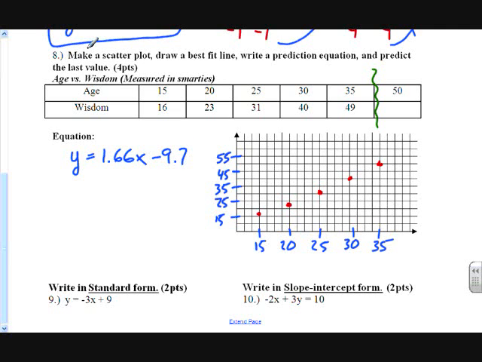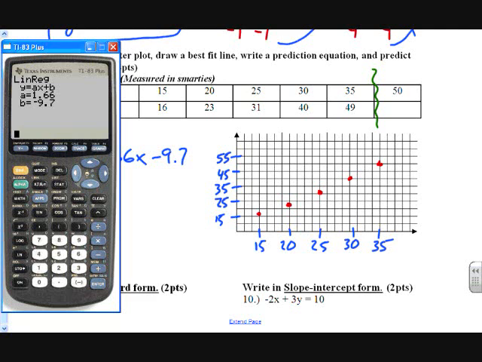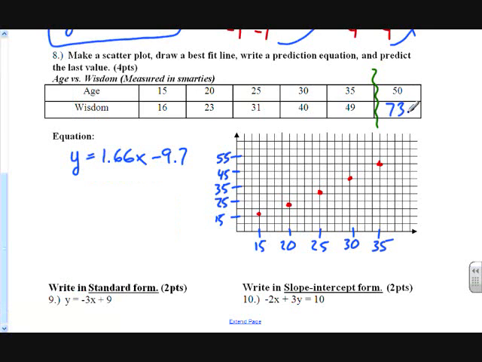And now from here, I can use that to make a prediction. I can plug the 50 in. Once again, I'm just going to use my calculator to do that. So I've got 1.66 times the 50, and then minus the 9.7. And that's going to give me a pretty accurate prediction of a 73.3. So a 73.3.